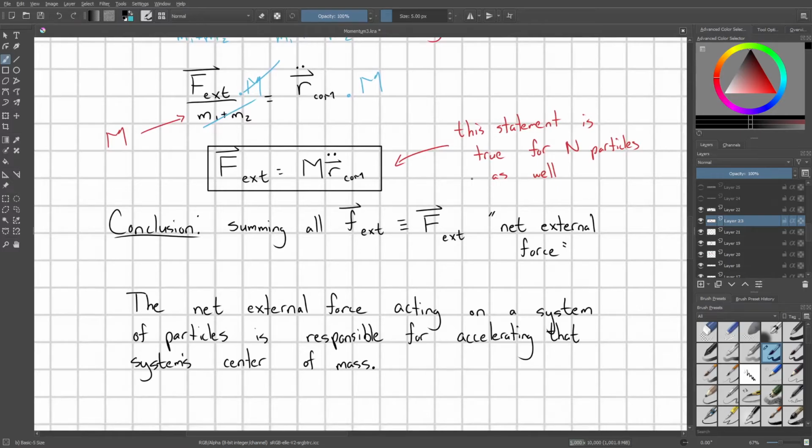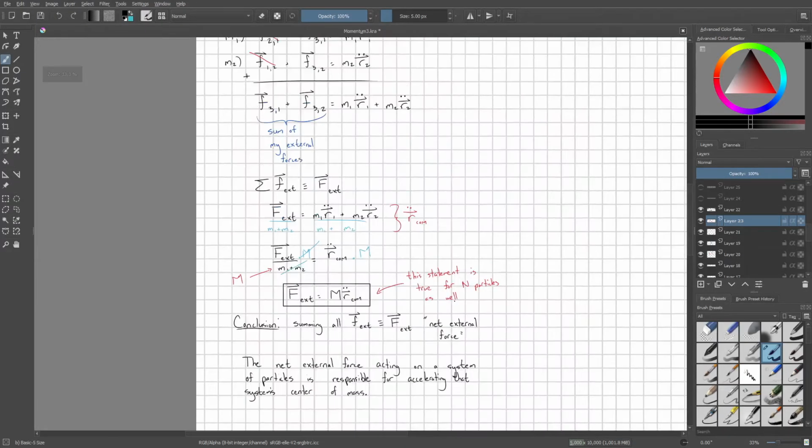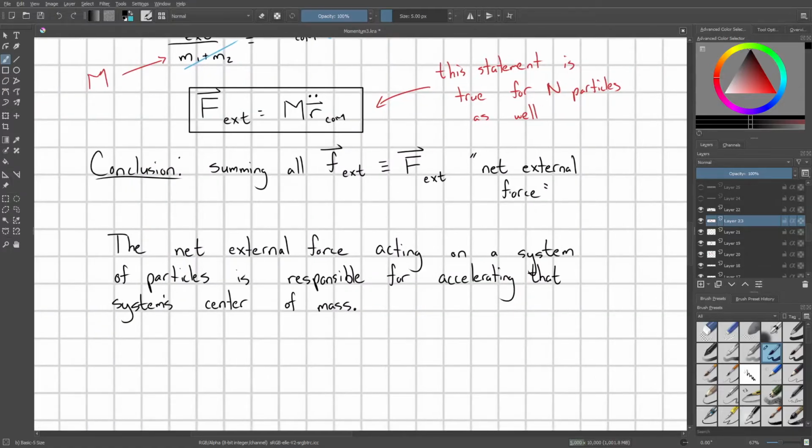All right, let's go ahead and be very clear about what we concluded here. We summed together all of our little external forces that were acting on each of the particles, and we defined that as the net external force acting on my system.